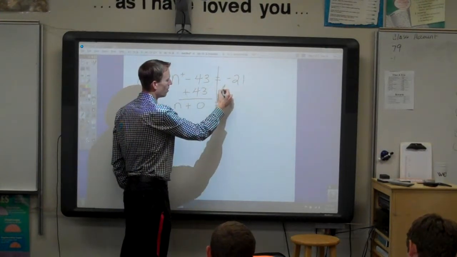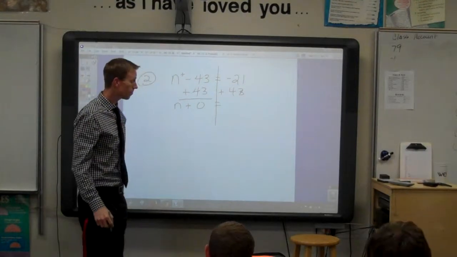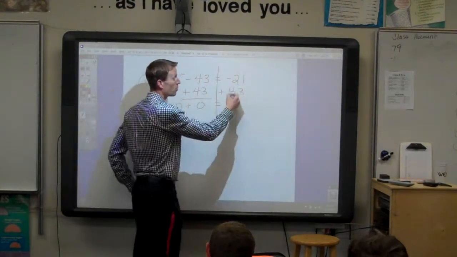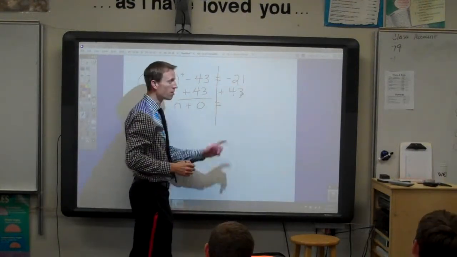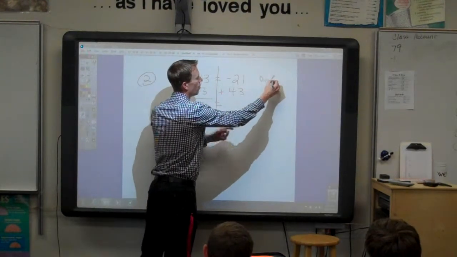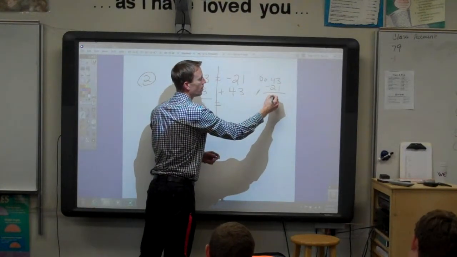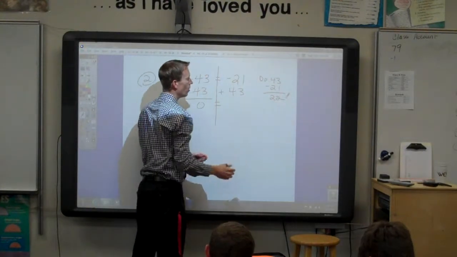And then, we add 43 to this side. We have to turn this around to subtract, because one is negative and one is positive. So we have to do 43 minus 21, which is 22.